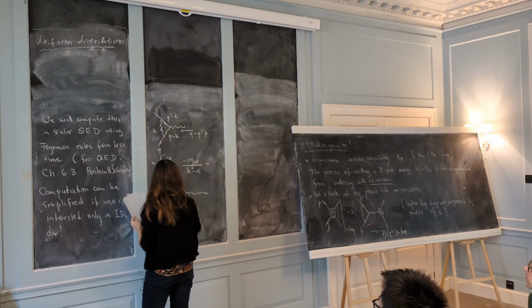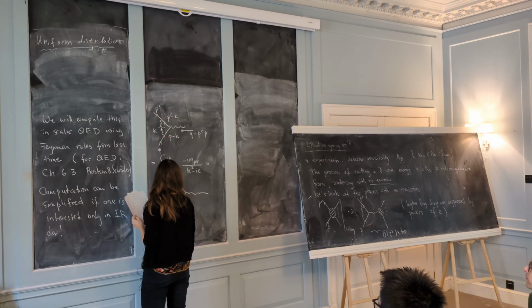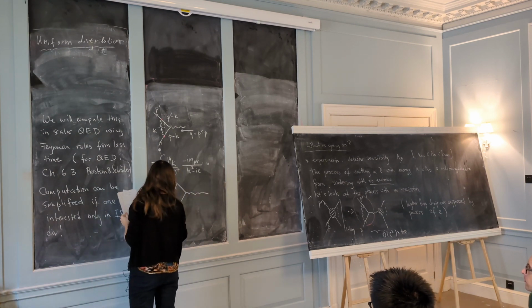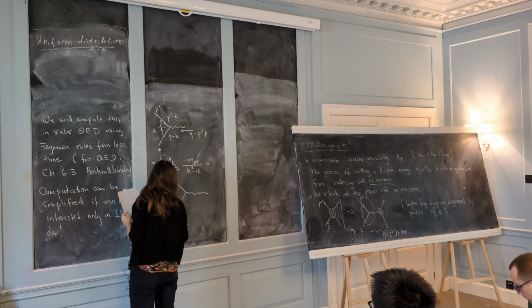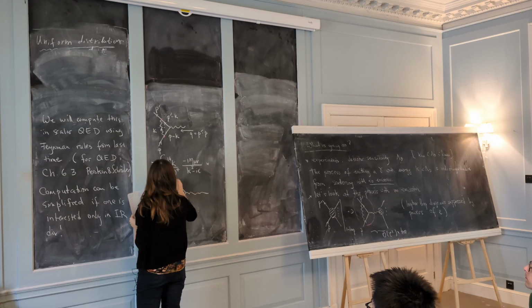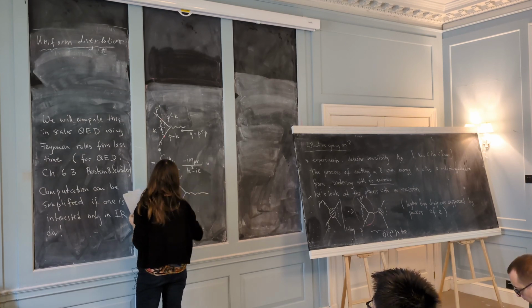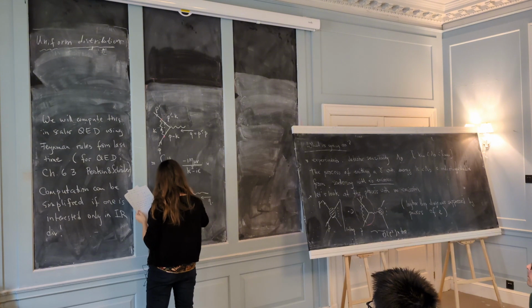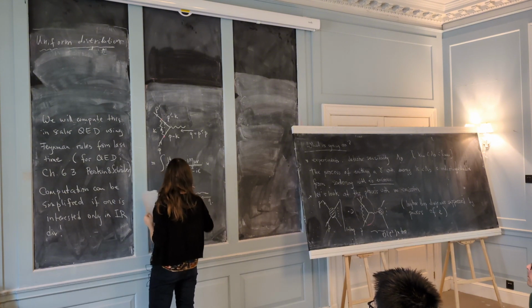So this is incoming K, here we have an outgoing K, so really minus K, and then the same other momenta that we had before, Q and P prime minus K.